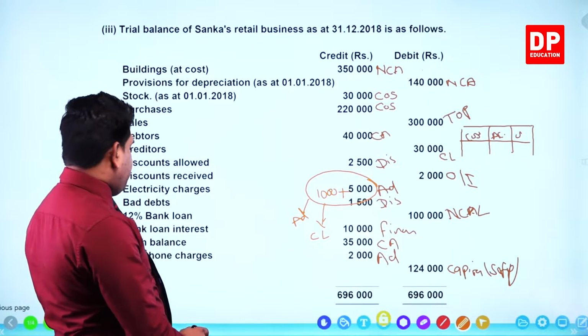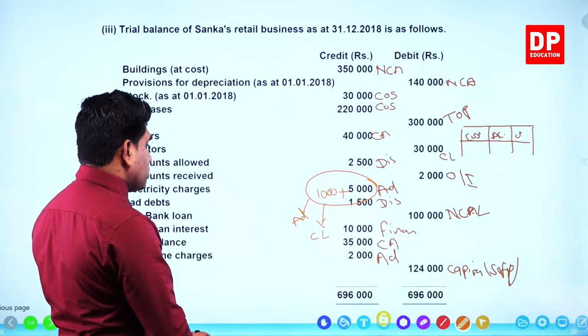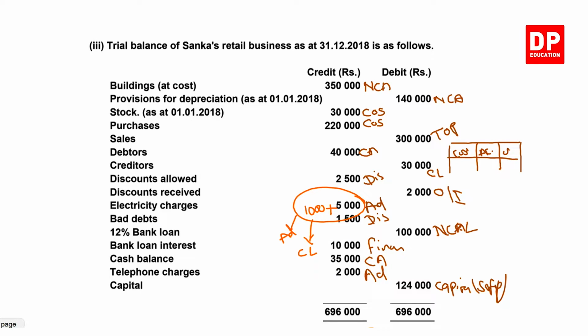Cash balance 35,000, telephone charges 2,000.